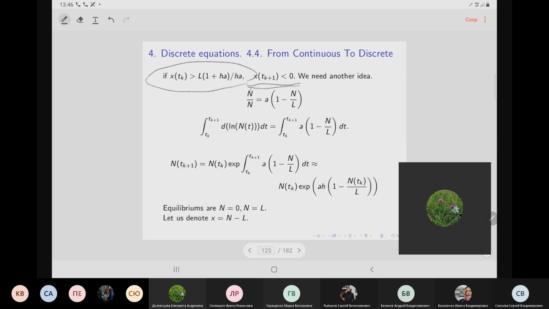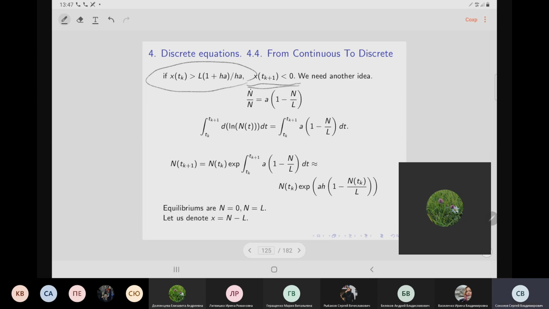So far, since it is negative, we can conclude that the biological sense of our equation disappears. So this equation doesn't work properly.